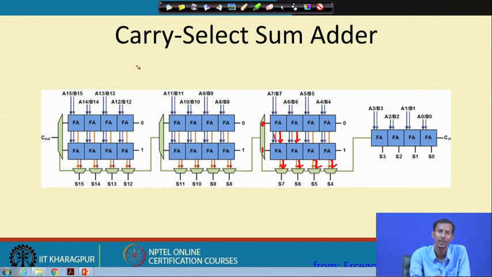Initially, for the ripple carry adder I needed only one set, but here I need two, and at the output I also need some extra multiplexers.